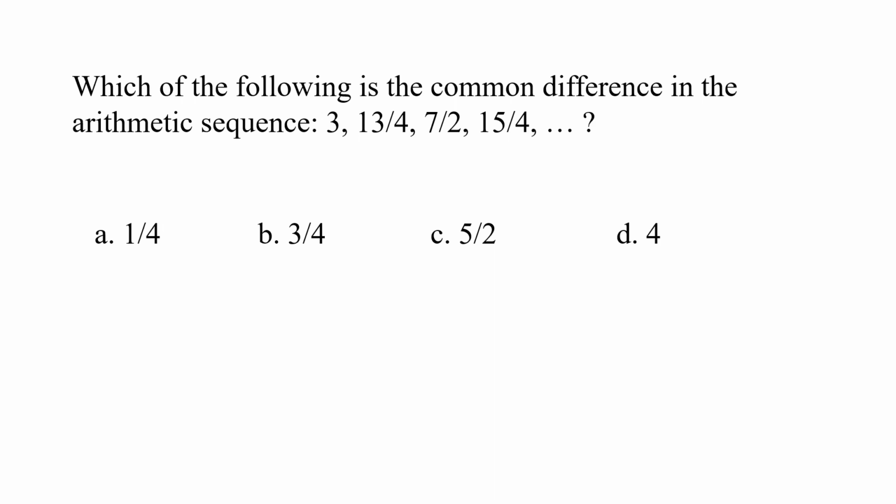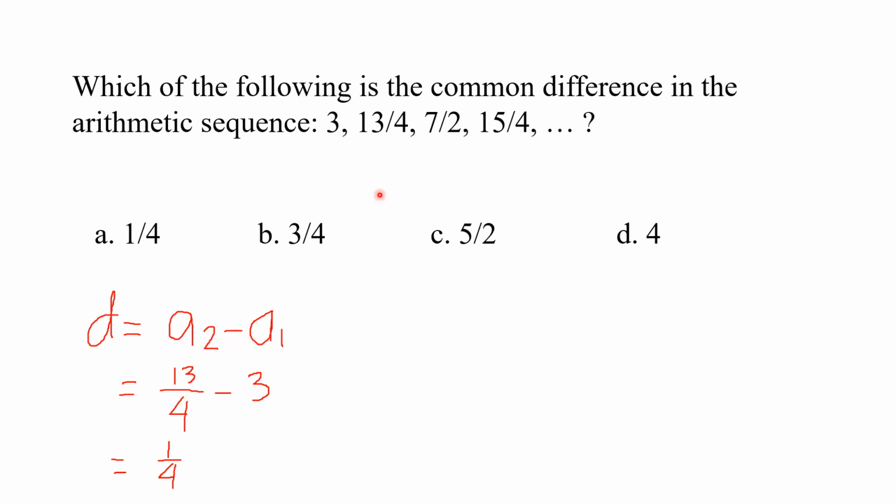Which of the following is the common difference in the arithmetic sequence 3, 13 over 4, 7 over 2, 15 over 4, and so on. Again, we want to find the common difference. That is the second term minus the first term.